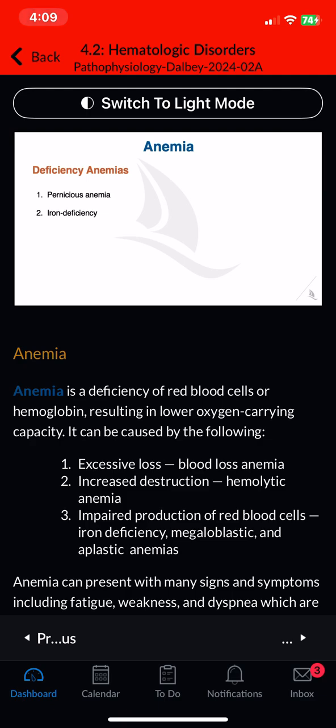Pernicious anemia is probably an autoimmune disease where the gastric cells that make something called intrinsic factor, which is necessary for the absorption of vitamin B12, are destroyed. So there's a lack of B12, and vitamin B12 is necessary for red blood cell production.